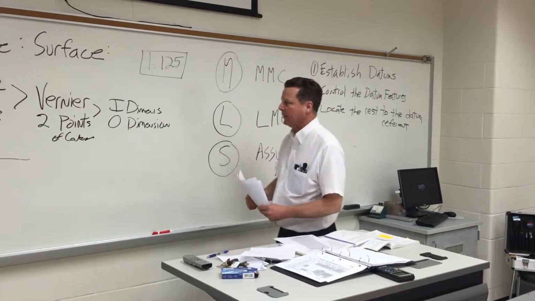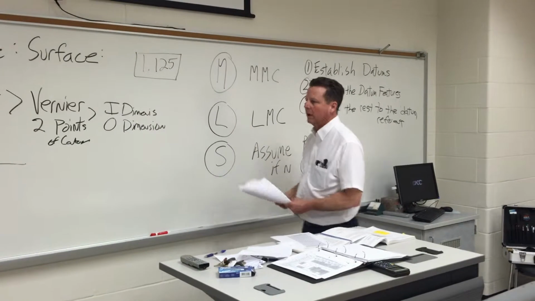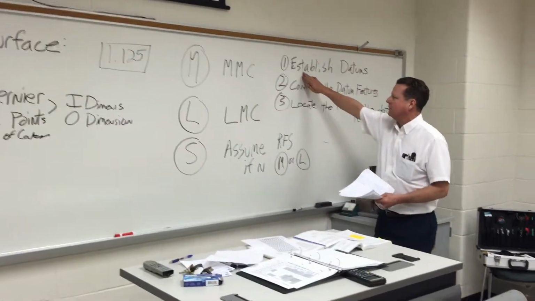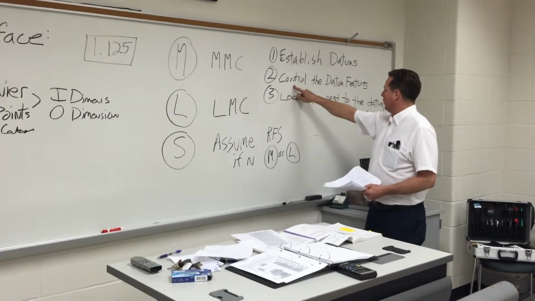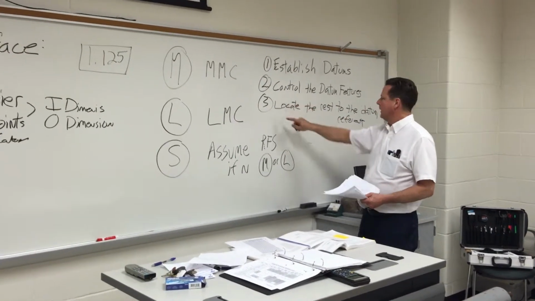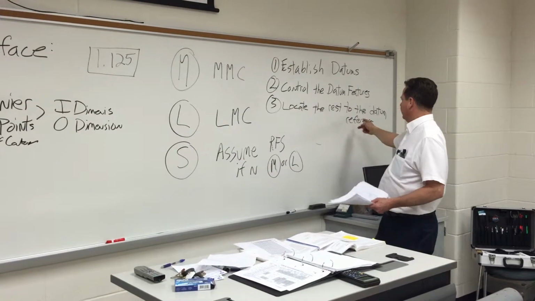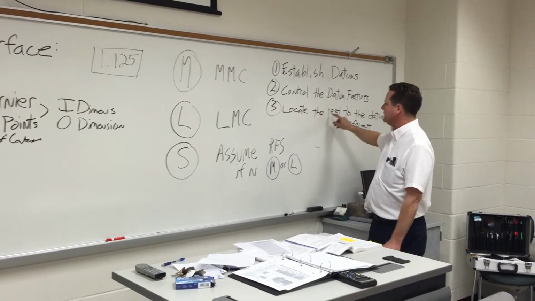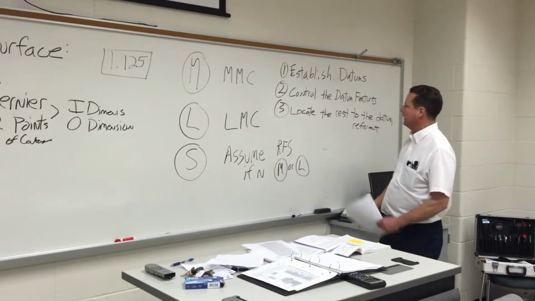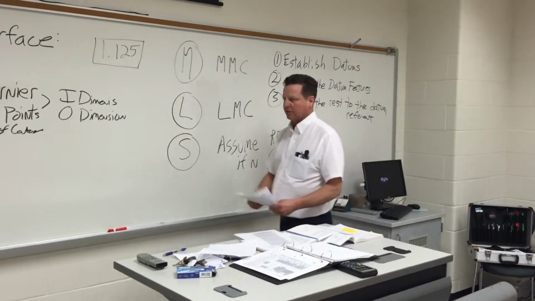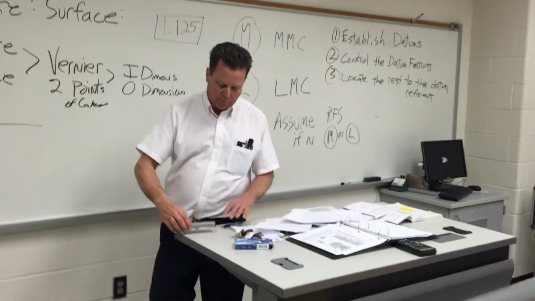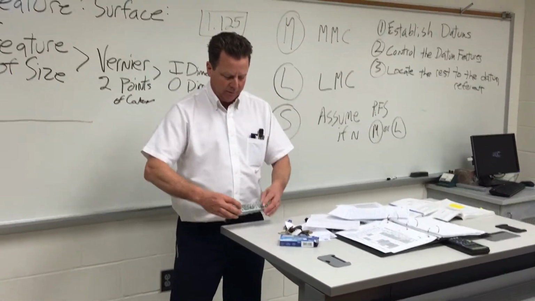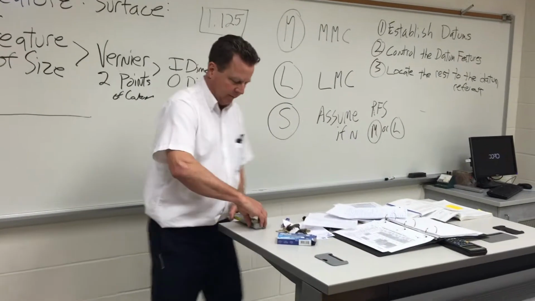I talked about the 1, 2, 3 rule in GD&T. The first thing is establish the datums, control the datum features, and locate the rest of the features back to the datum reference. There are 6 degrees of freedom on any part. This way and that way, this way and that way, up and down, this way, and this way.